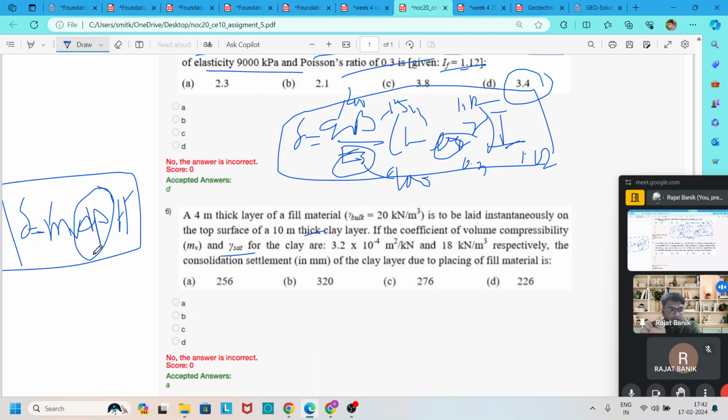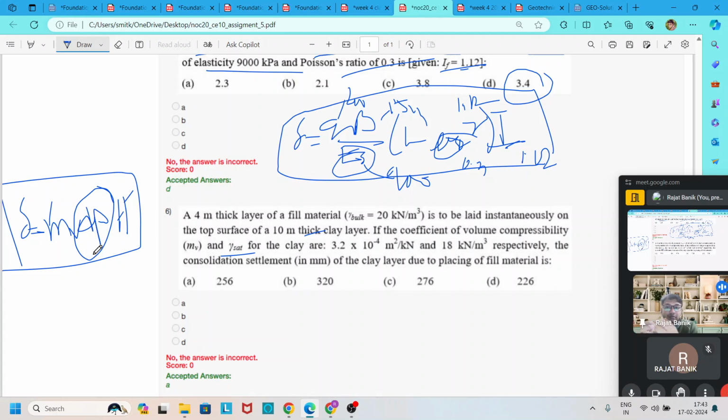We have to understand this first. Because of the 4 meter thick fill material laid on this clay soil, the settlement occurs on the 10-meter thick clay layer.